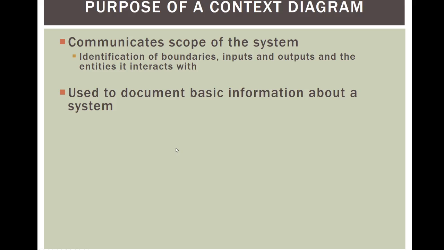When we're first starting to get to know a system, we want to learn about that system. We want to learn what the boundaries of that system are, and what all the things are that it takes for that system to operate, to be effective, to do what it does.